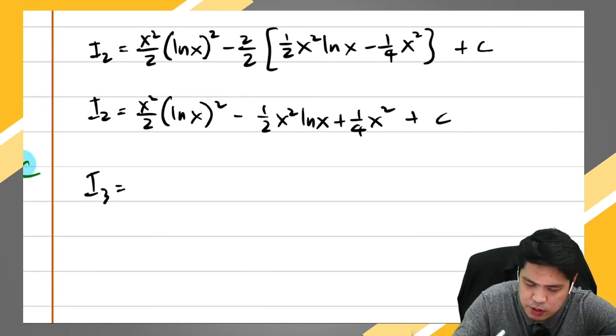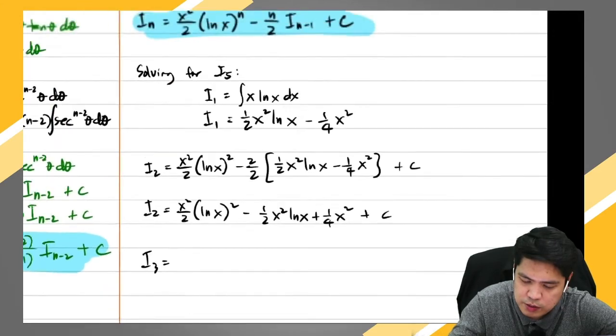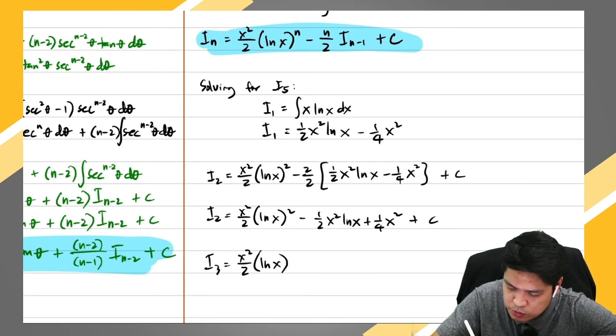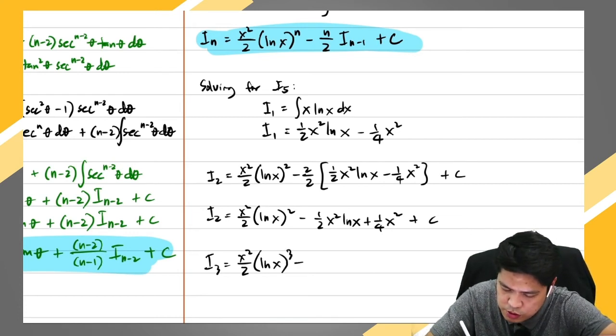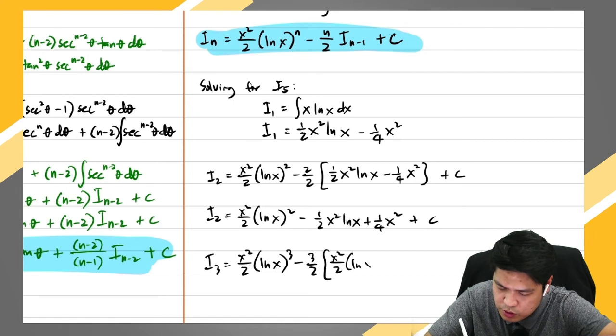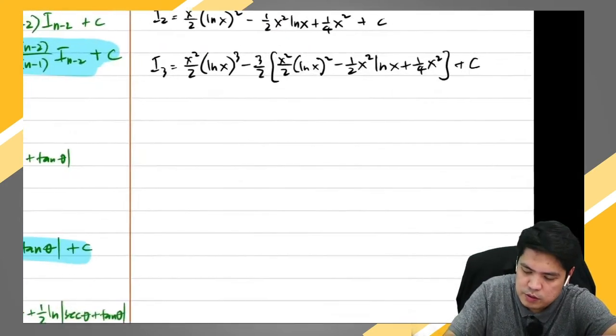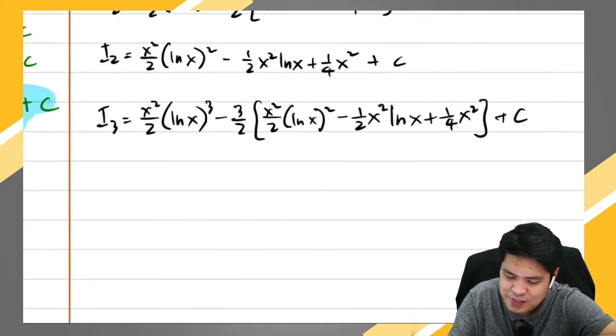So I sub 3, again, reduction formula. So we'll have x squared over 2 ln x cubed minus 3 over 2, then I sub 2, which is x squared over 2 ln x squared minus 1/2 x squared ln x plus 1/4 x squared. Plus c pa rin. Ayan.